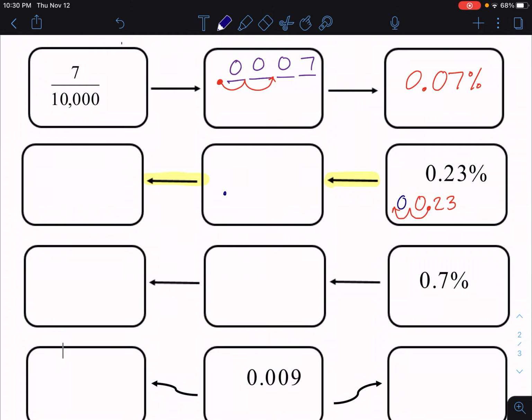And my decimal is 0.0023. To go from a decimal to a fraction, I'm going to count the decimal places. So 1, 2, 3, 4 is going to be over 10,000. And it's going to be 23 over 10,000. I cannot simplify that fraction. 23 and 10,000 do not have anything in common.